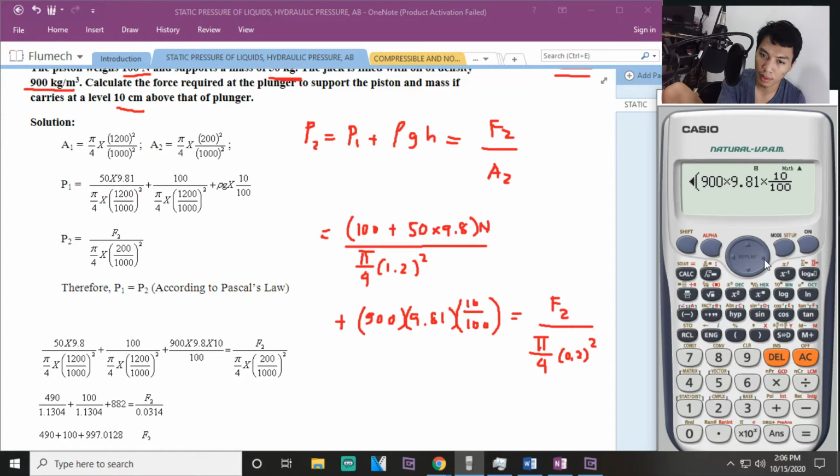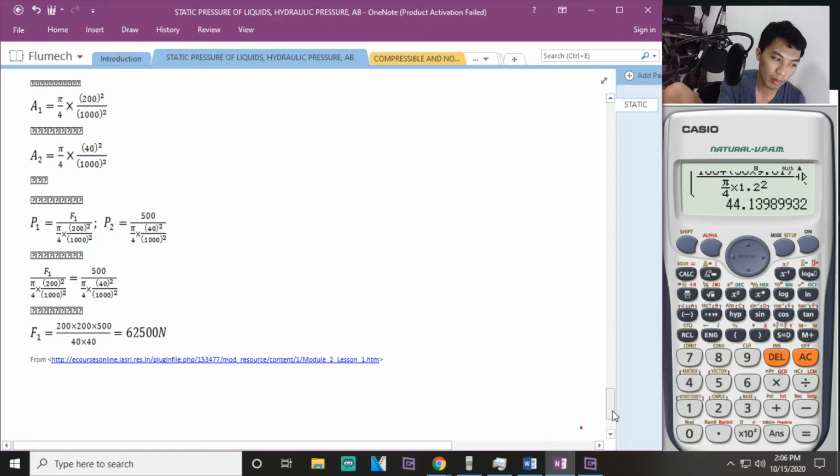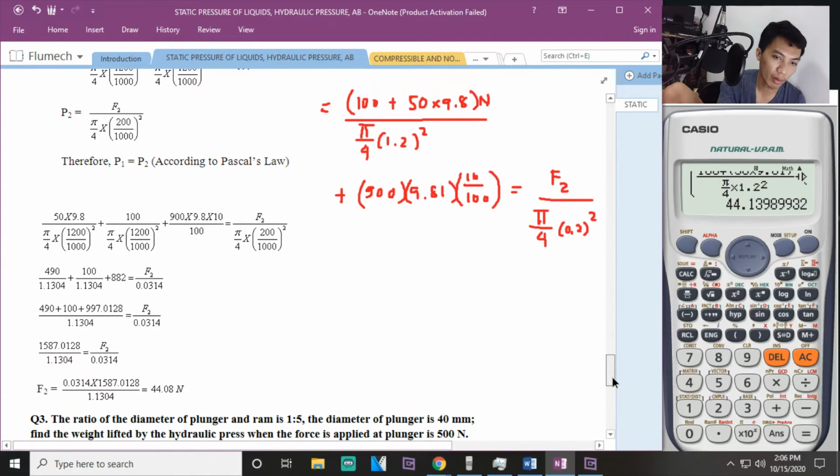Yan. And then, multiply na natin ng pi divided by 4 times 0.2 squared. So, the answer will be, tingnan natin kung tama tayo. F2 is equal to 44.1399 newtons. Yep. Okay.